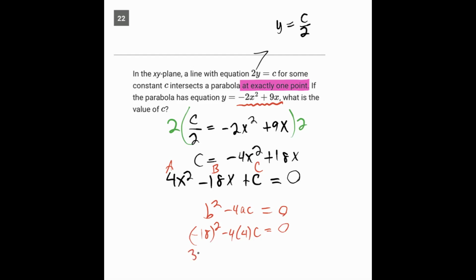Negative 18 squared is 324 minus 16c equals 0. Add the 16c to the other side. 324 equals 16c. And now on the calculator, we have 324 divided by 16, which is 20.25.